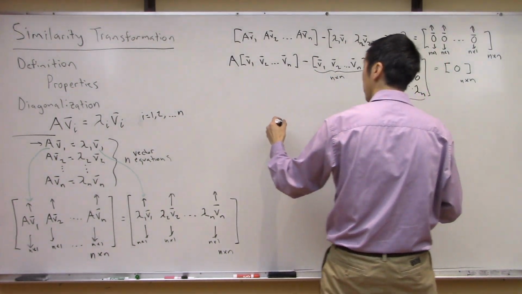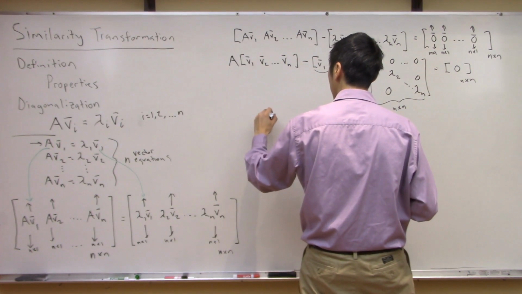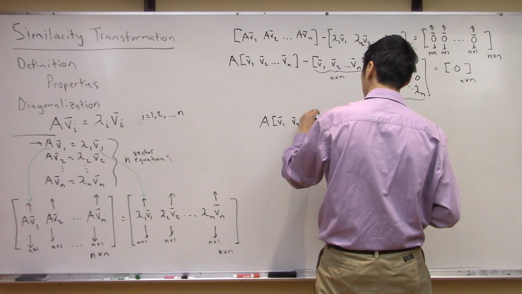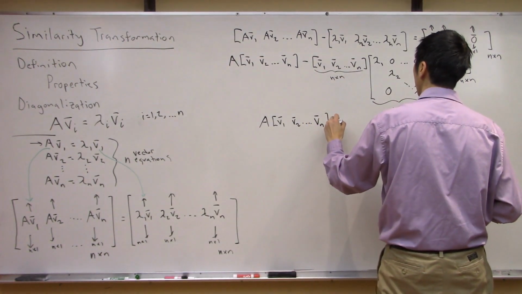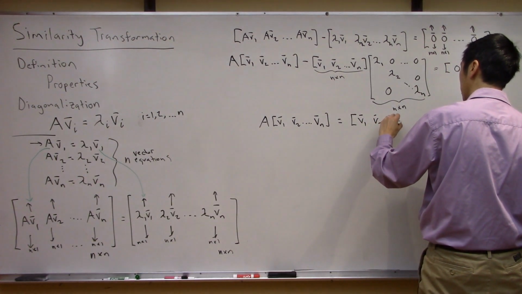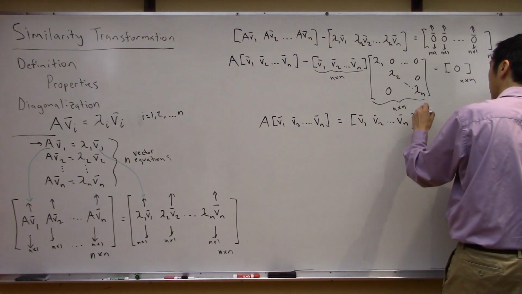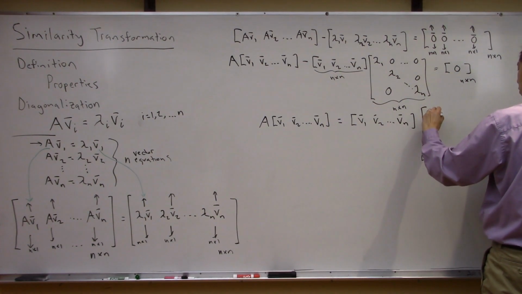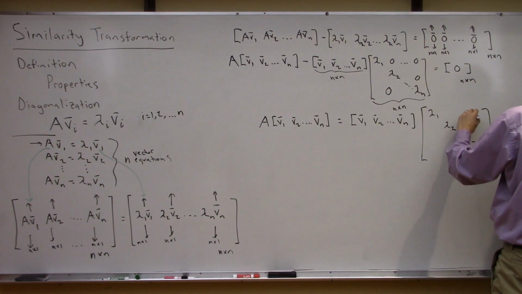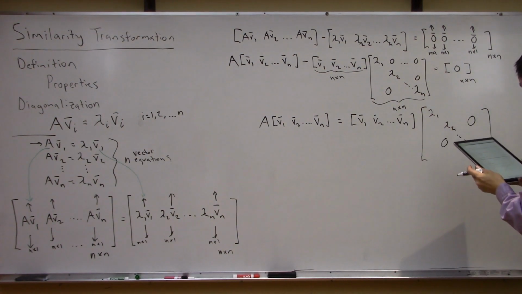So we end up with A times this V1, V2, Vn matrix is equal to this V1, V2, Vn matrix times this diagonal matrix of lambda 1, lambda 2, all the way down to lambda n, and zeros elsewhere, right?